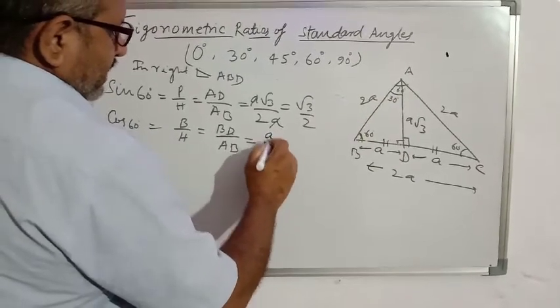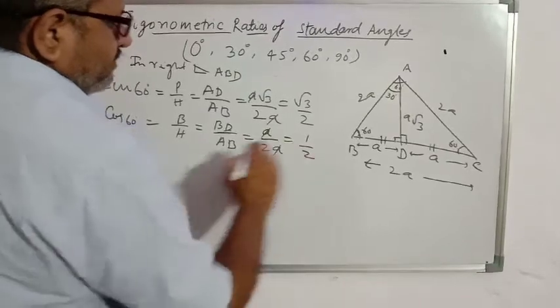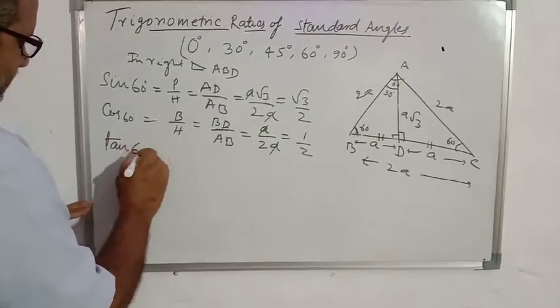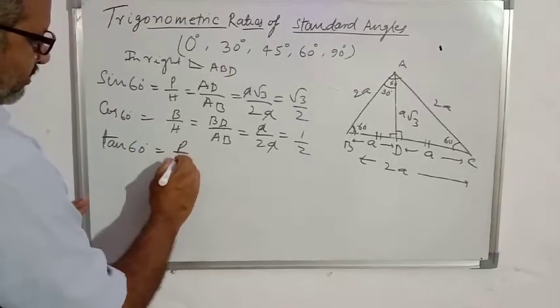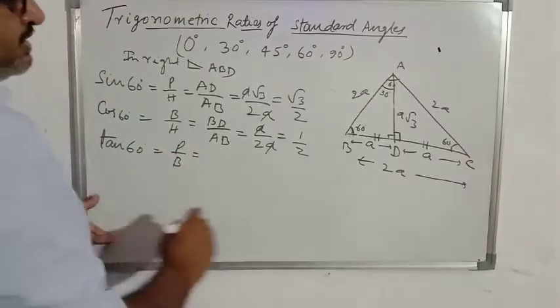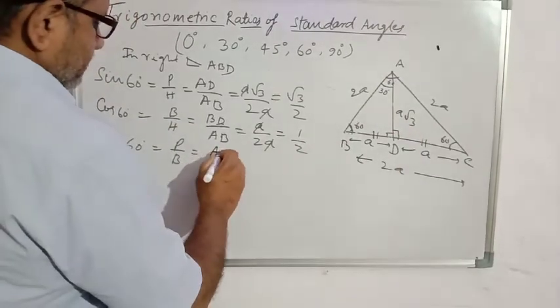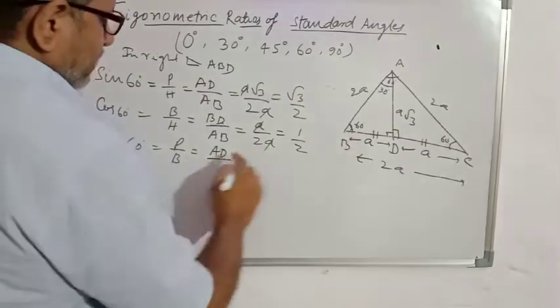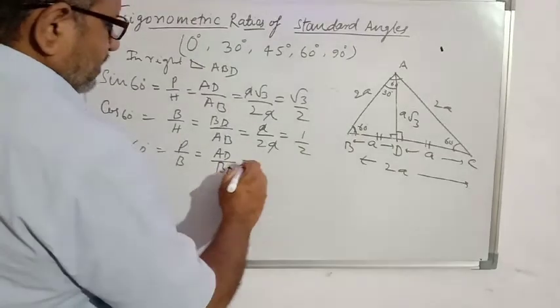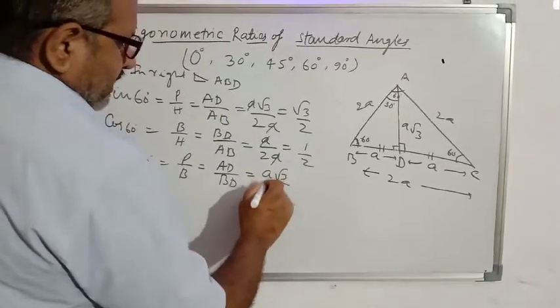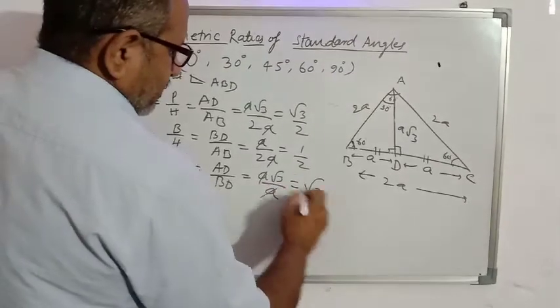A by 2A, A cancels with A. It is 1 by 2. Tan 60 degree is perpendicular by base. Perpendicular is AD and base is BD. AD is A root 3 and BD is A. A cancels with A, so tan 60 is root 3.